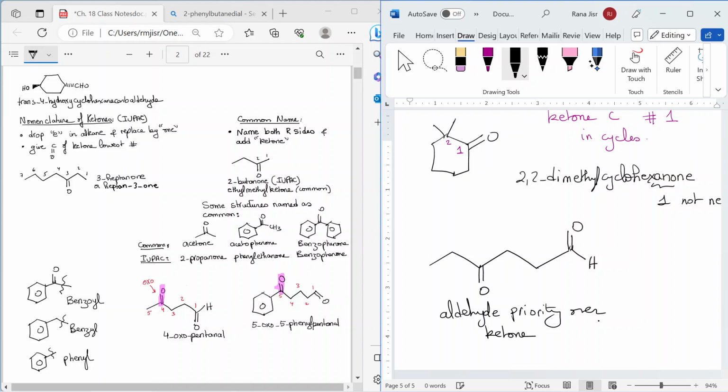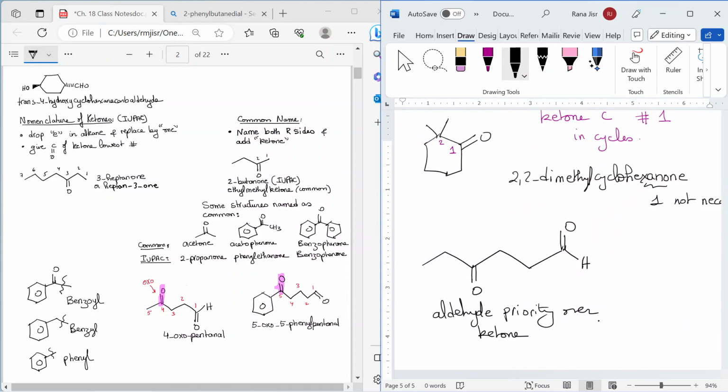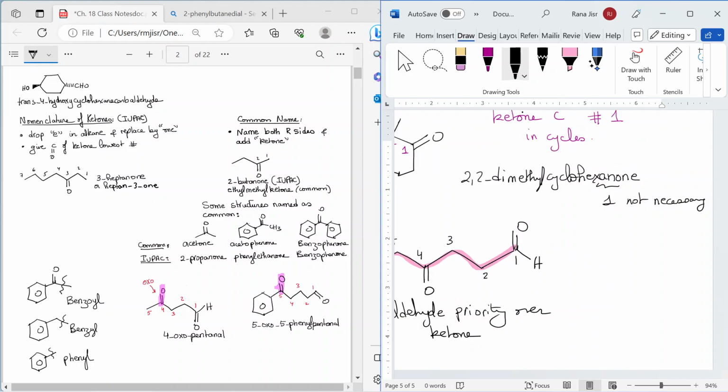This means that your ending is always going to be -al. So you're going to choose the longest carbon chain that includes both functional groups, if you can, and then give the aldehyde the lowest number. Start numbering from the aldehyde every single time because the aldehyde is terminal. This is going to be 3, this is going to be 4, 5, and 6. So your ending is going to be hexanal.